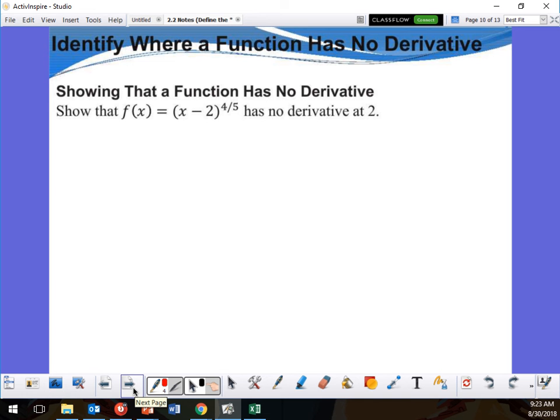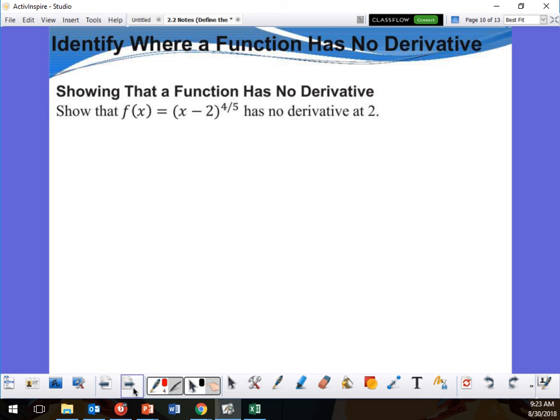All right, so show that f has no derivative at 2. Okay, so now let's go ahead and do the derivative.